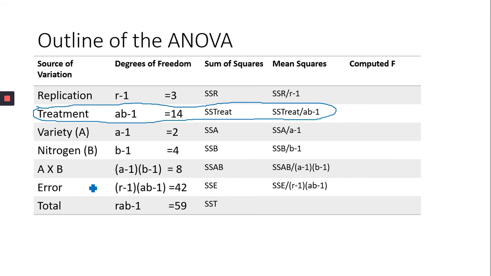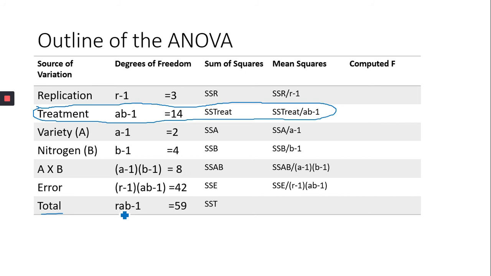For the total, degrees of freedom for total, we ask ourselves, how many observations do we have? If you doubt it, my dear student, go back to the big table. Check the table from the accompanying notes. That table has got 60 observations. So how do you get 60 observations?